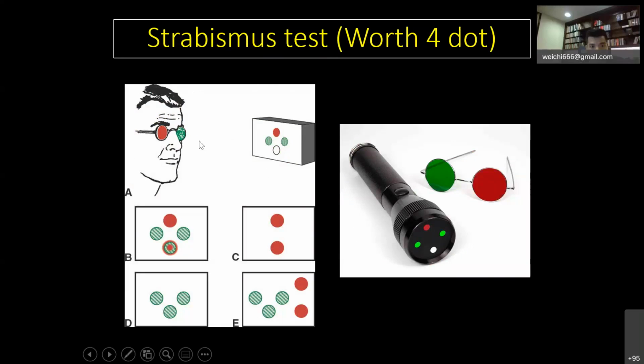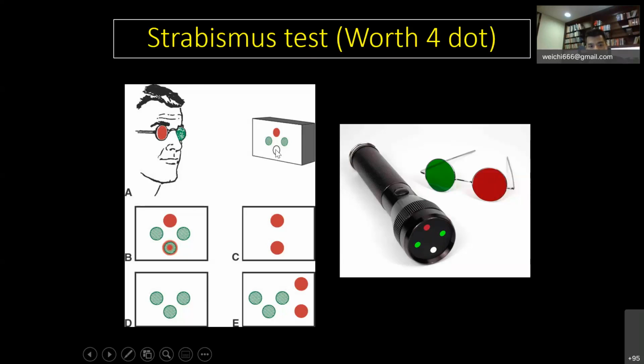So you could see that when they were asked to see these lights, let's say if the patient cannot see in the right eye, he could only view from the left eye.